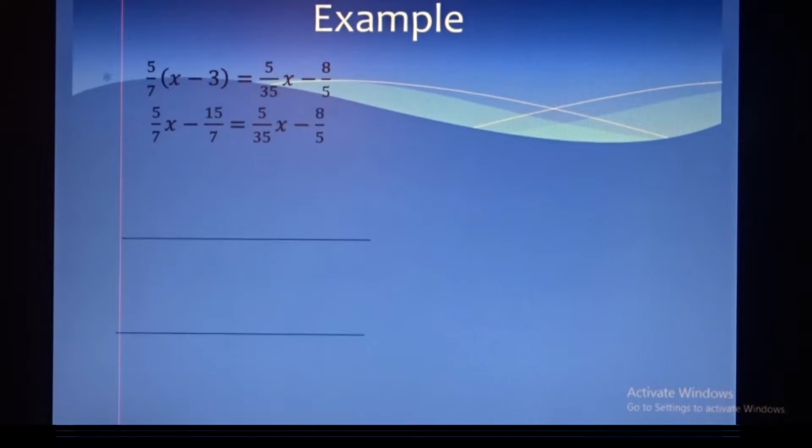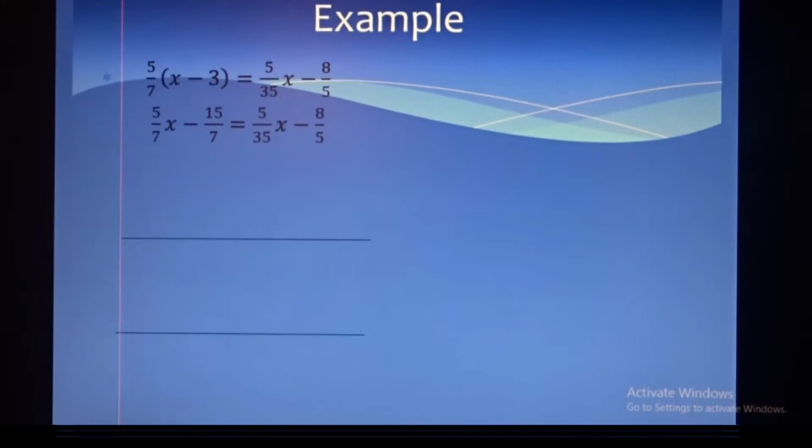Now, we still need to combine the like terms. We need to get the like terms on the same side. So eventually we're going to add or subtract those numbers. And in order to do that, we need a least common denominator. We need the denominator to be the same for each fraction in our equation.